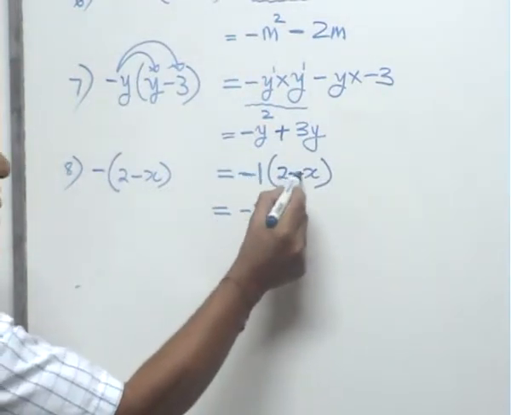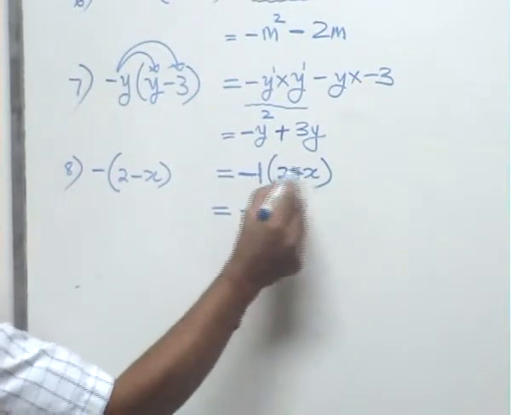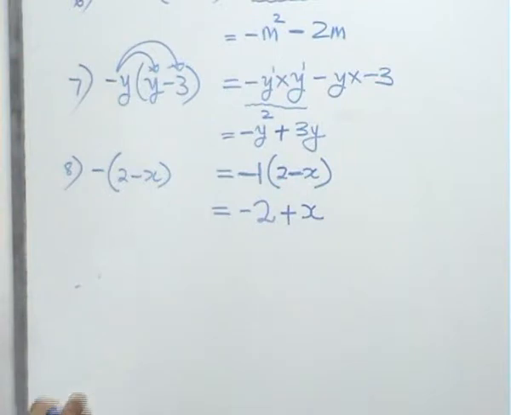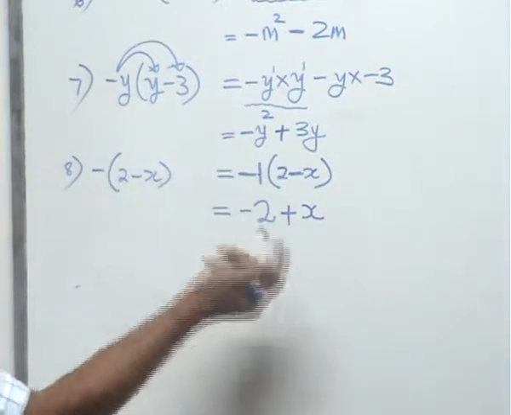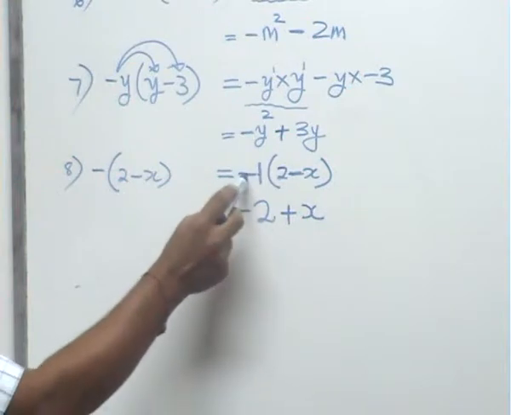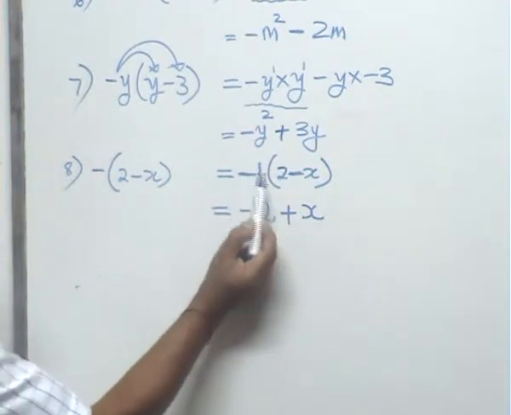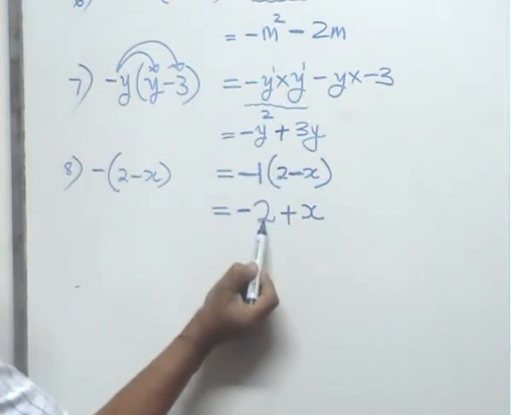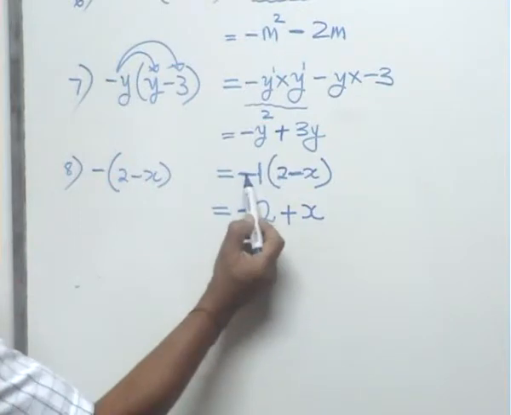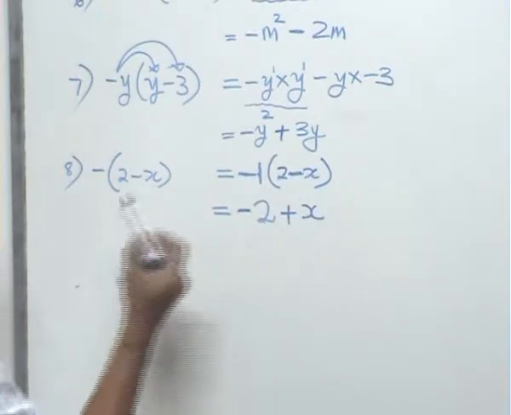Minus 1 times minus x. Minus times minus will give you plus. 1 times x will give you x. So you see in this example, I didn't show you all the steps. I just decided to do it in a short way. Minus 1 times 2, minus 2. Or minus times plus is minus. 1 times 2 is 2. Then minus times minus is plus. 1 times x is x.